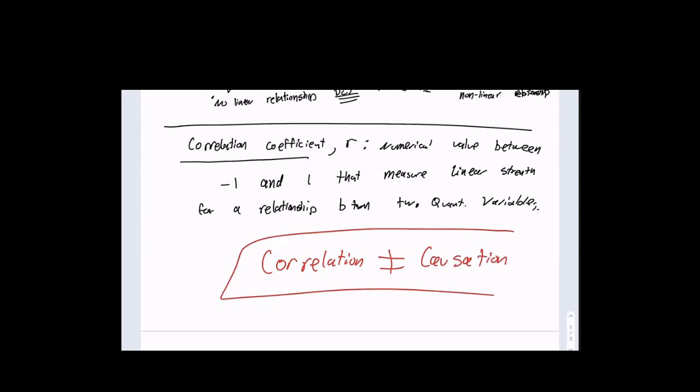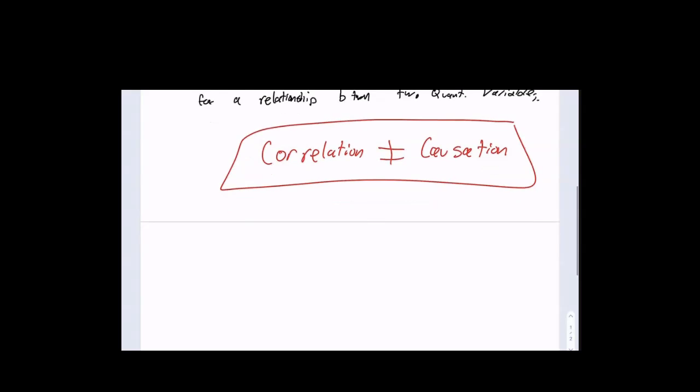I want to reiterate that. I've got to reiterate that over and over and over. Just because, and as you saw in that image that I just showed you briefly, the word correlation does not mean causation. Just because there is a correlation between two quantitative variables does not mean that one variable causes the other variable to go up or down.